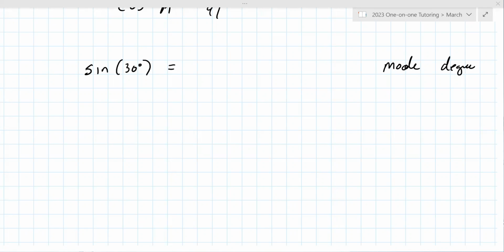So will you kindly send me a picture of the calculator or give me the model of it? I'll tell you which one it is, and I'll look up how to convert it to degrees.